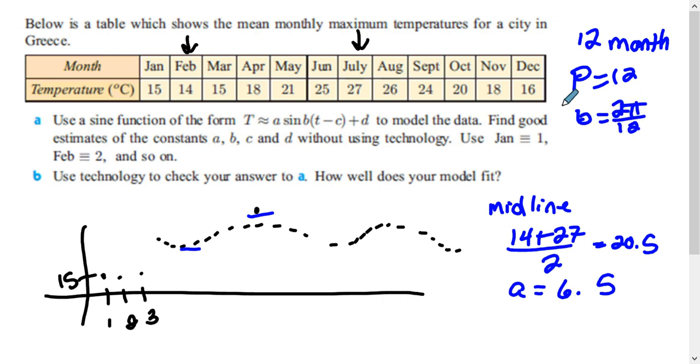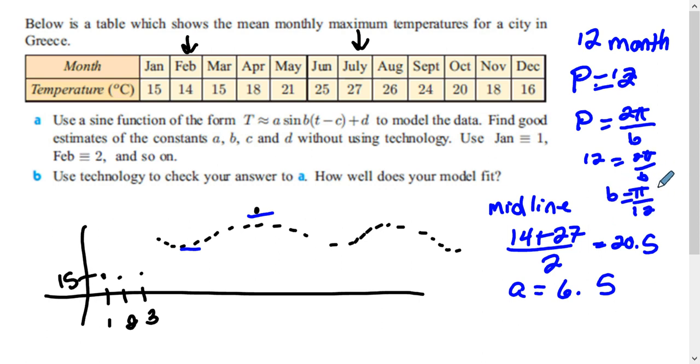Sorry, let me start that again. Jumping ahead of myself here. Period is 12, so therefore P equals 2 pi over B, so 12 equals 2 pi over B, multiply both sides by B. B is pi over 12. Okay, so you have your B value, you have your A value.